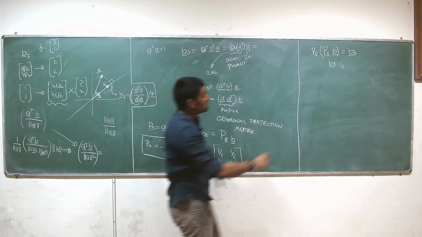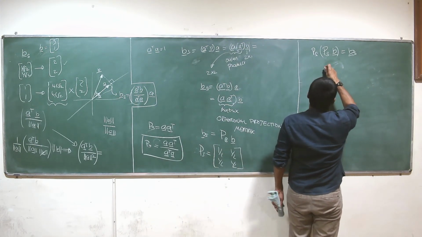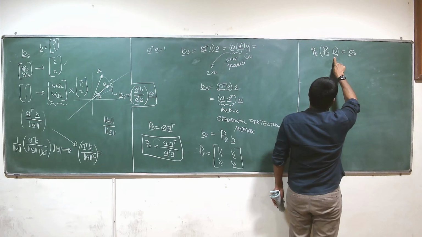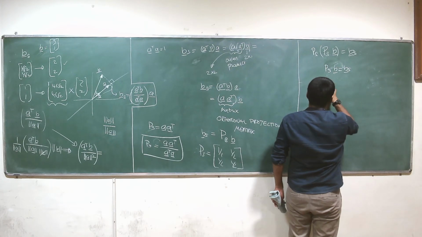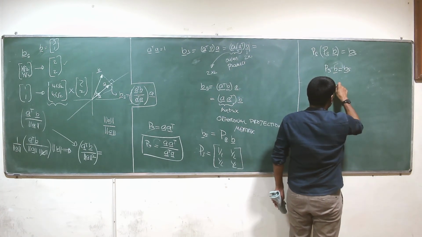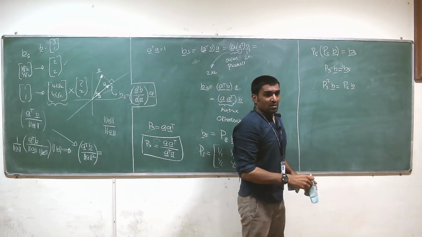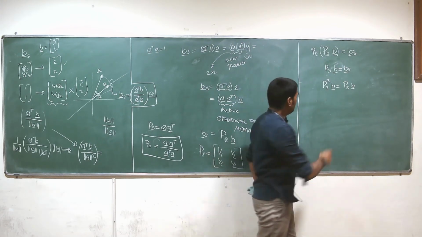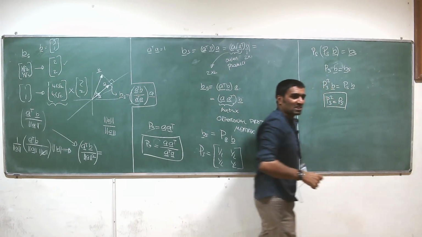So if P_S times B gives me B_S, and P_S times B_S gives me B_S, this means P_S squared B is equal to P_S B. This is true for projection matrices.